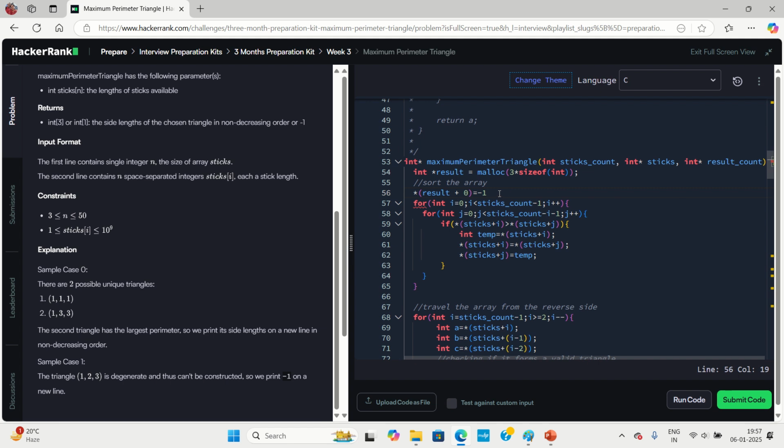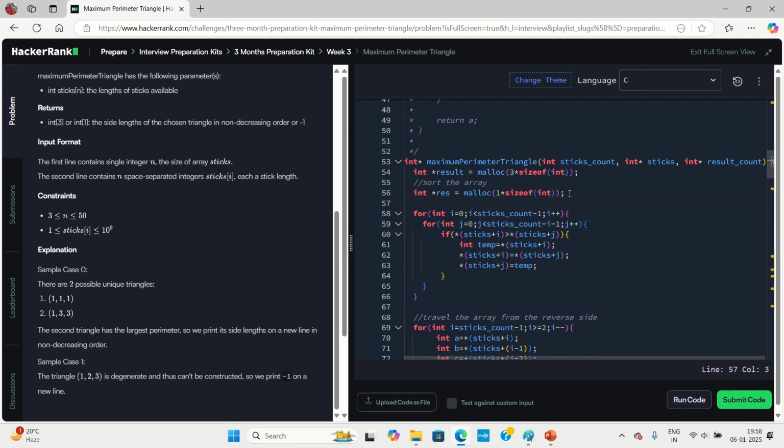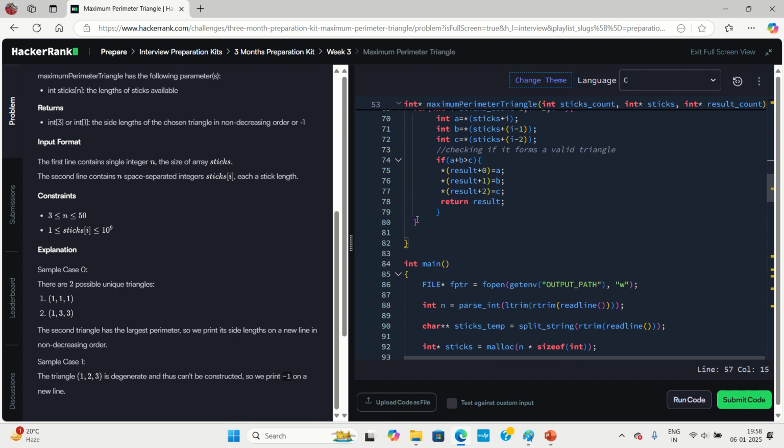Or we can create, just let me create an array of single size because it will be easier for you to understand. So the array will be returning only -1, having only one value, and the value at index 0 is equal to -1. Fine, so that's all about the program, and at the last we return the array.